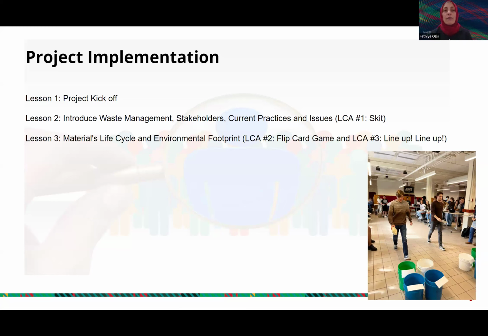And I tied it all around civil and environmental engineering. I wanted them to understand that some of the biggest environmental footprints are associated with concrete and steel, the materials our future civil engineers are going to be working with. So it's important for them to play a game and learn that way. Lesson 4 referred to life cycle analysis and a little bit of terminology development in terms of circular economy.